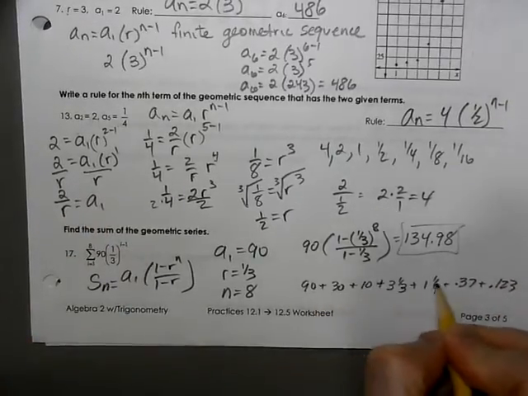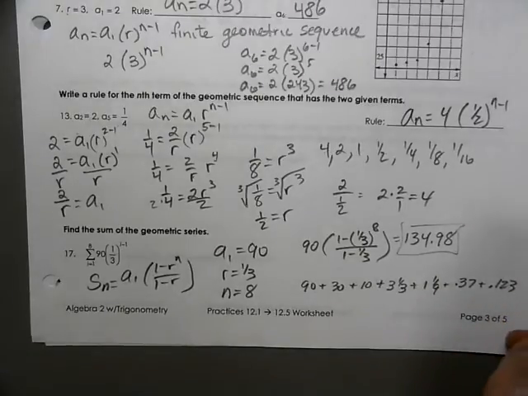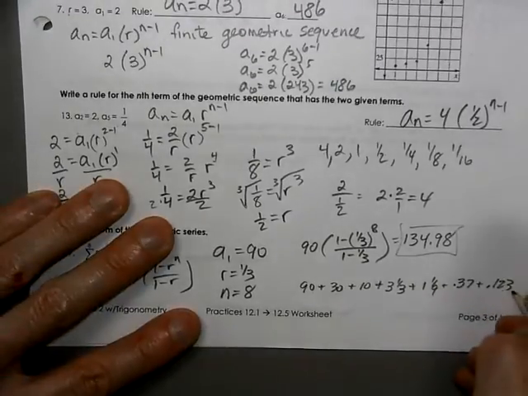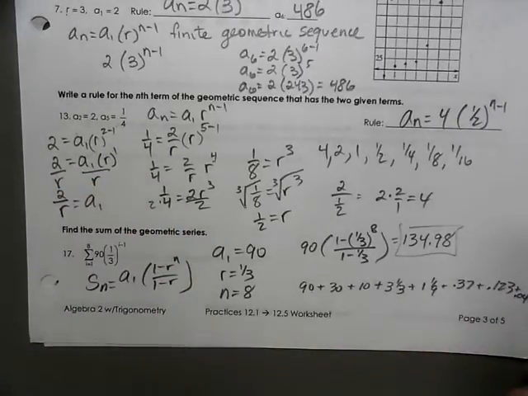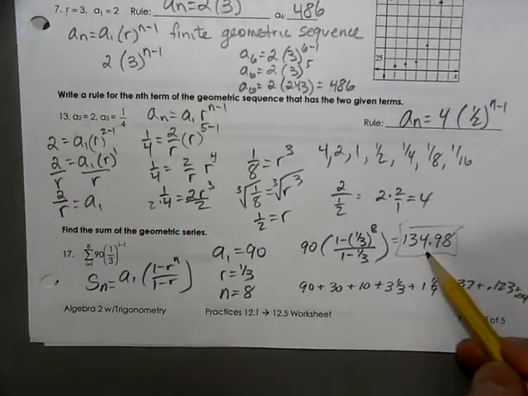So 1, 2, 3, 4, 5, 6, 7, that's 7 terms. So our 8th term is plus 0.04. Adding all of those up would be just about this value.